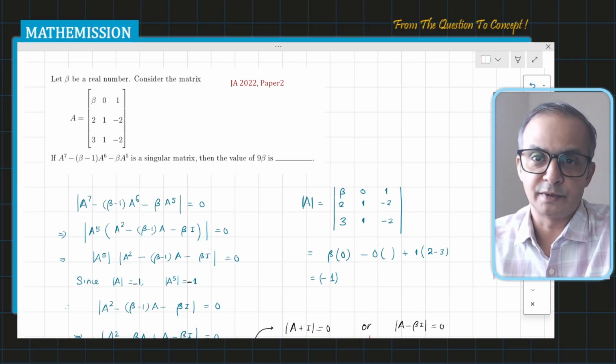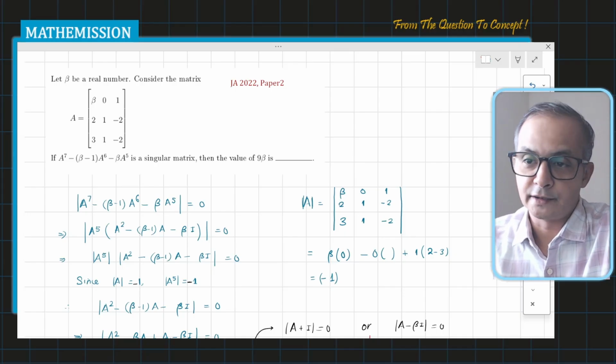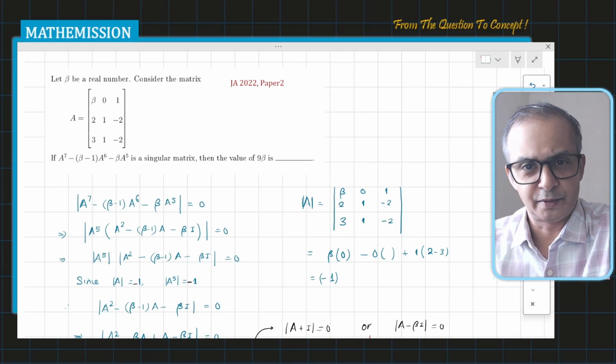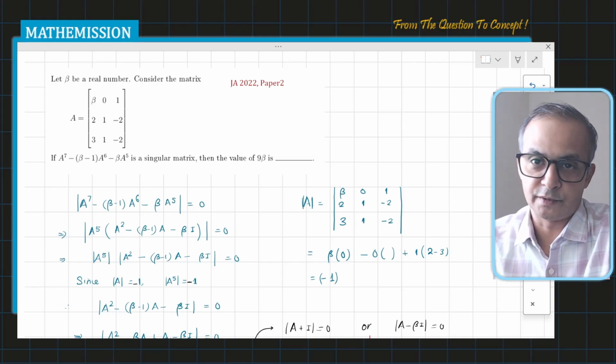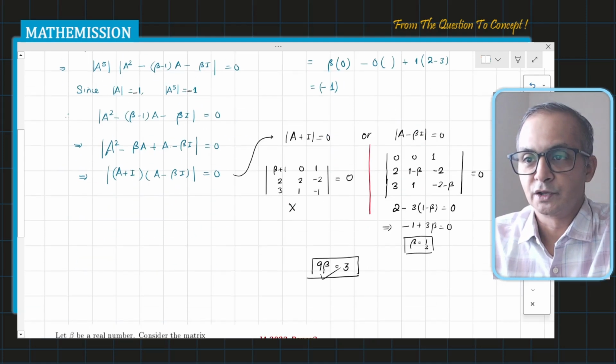Not that much deeper, but still let's see how we can do it by using the eigenvalue, or more precisely, the characteristic equation and the trace of the matrix and all those things. So let's see.